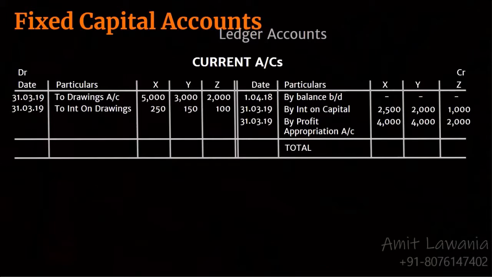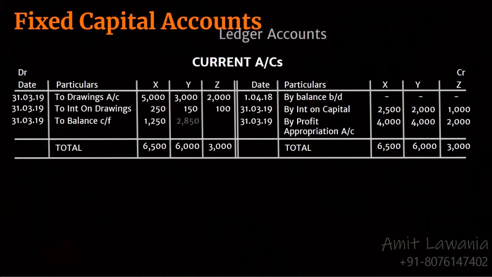Credit side again being creditor, we start with the totals on the credit side, 6,500 for X, 6,000 for Y, and 3,000 for Z. And we copy the totals on the debit side. Next, we find the balance amount for the debit side for each partner, 1250 for X, 2850 for Y, and 900 for Z.